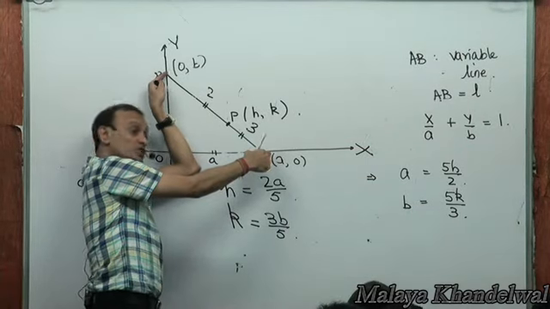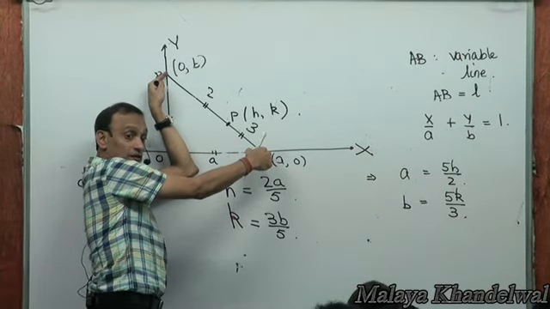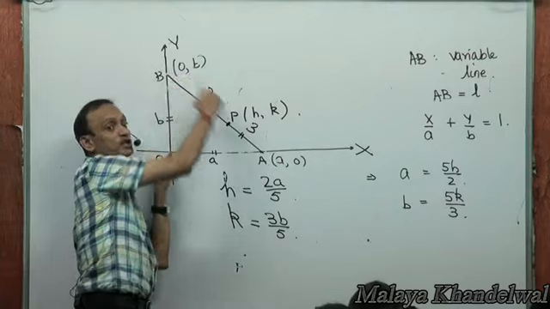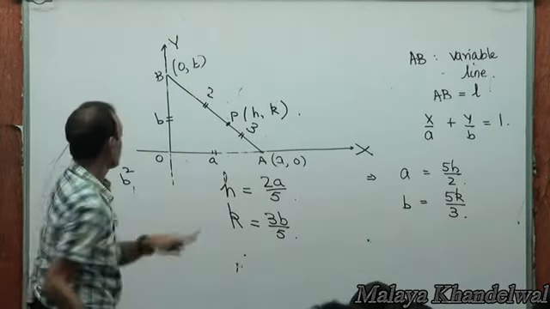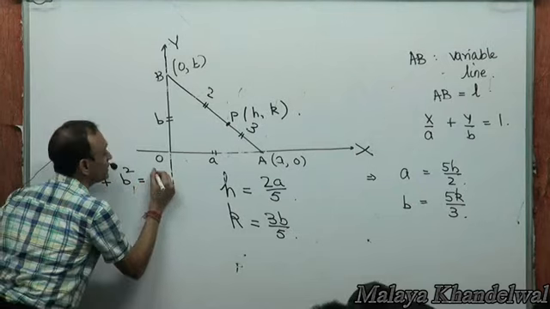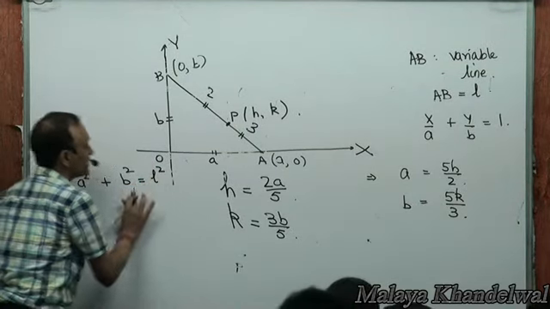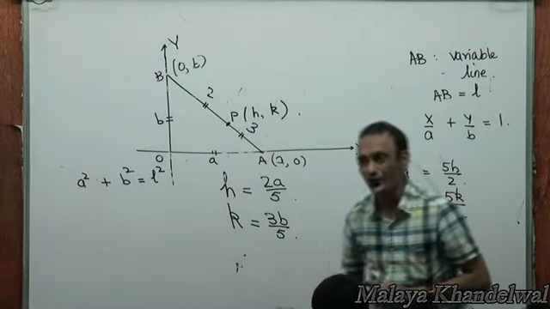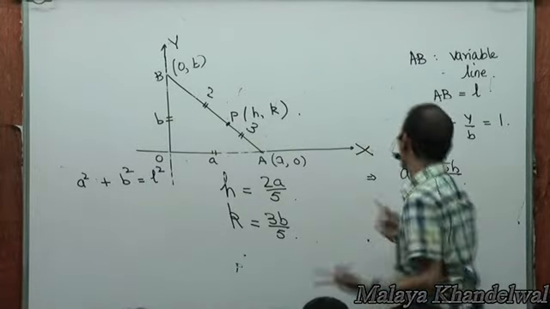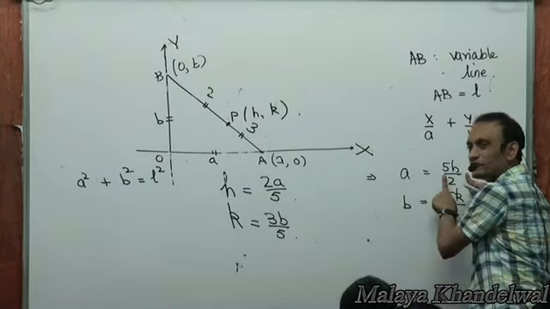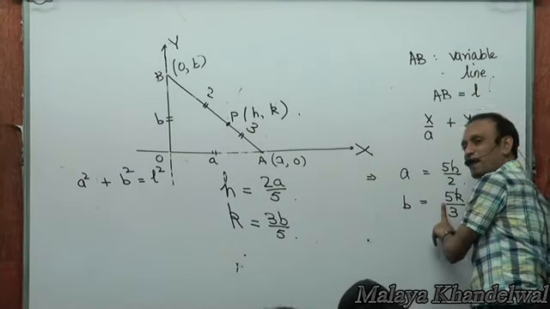Right? This distance is remaining L. So a square plus b square will be preserved at L square. So this would be the cardinal condition. This will be my eliminant.